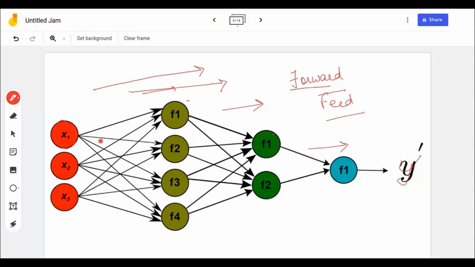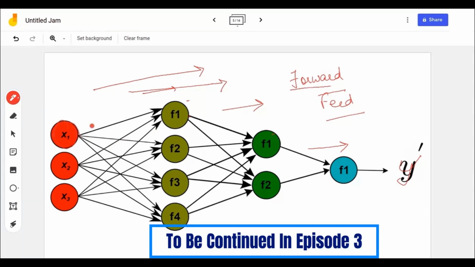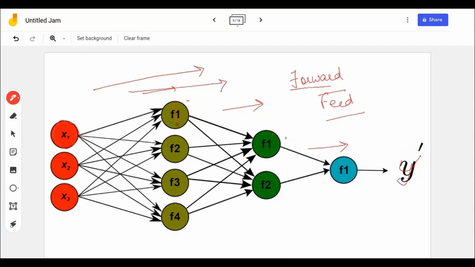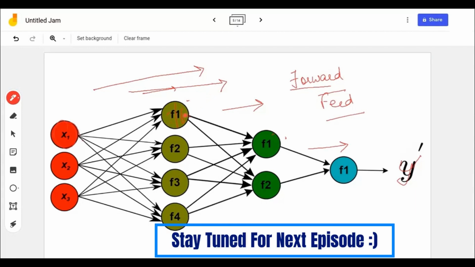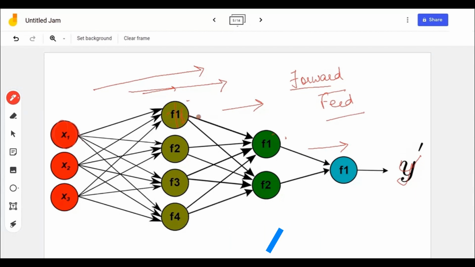So again, let me recap. We have the inputs. They go in one by one. The first part they get summed up, and in the second part they have the activation function and you get the outputs. These outputs act as input for the nodes in the next layer and so on and on. And all these weights are saved in the form of matrices where the first dimension is equal to the number of inputs and the second number of outputs.